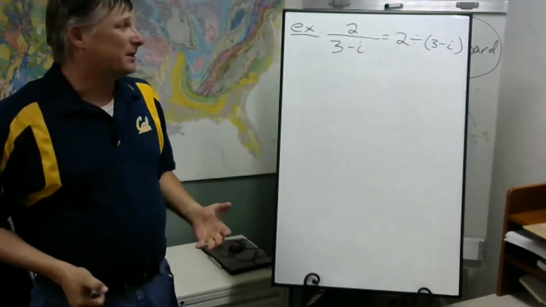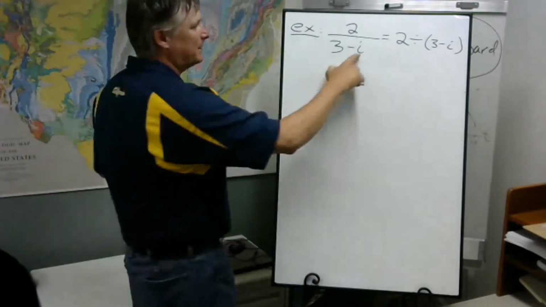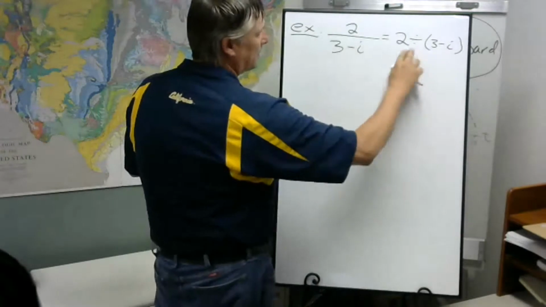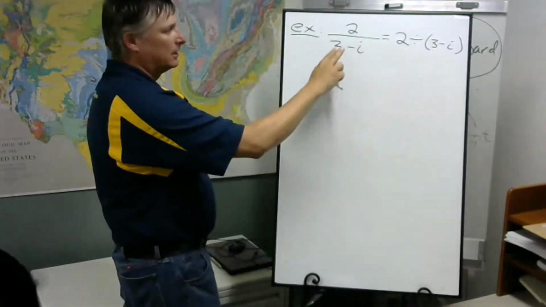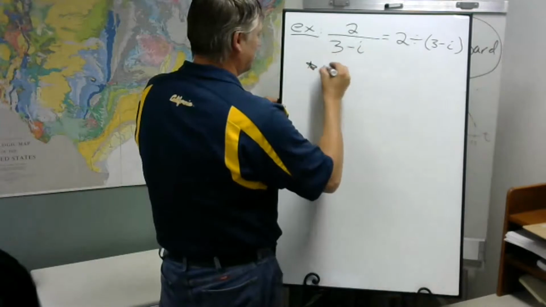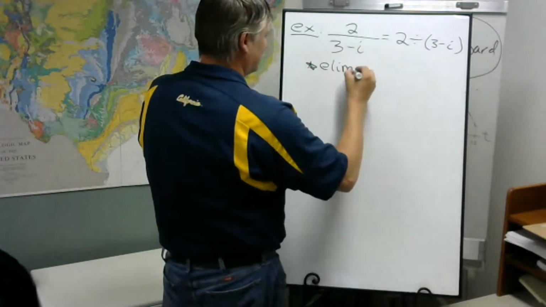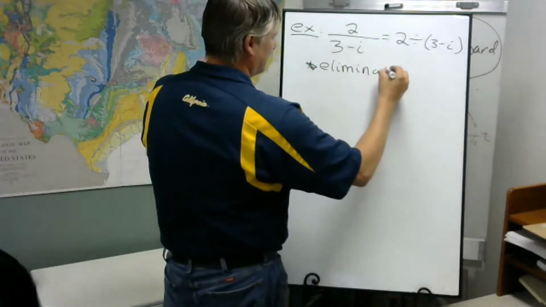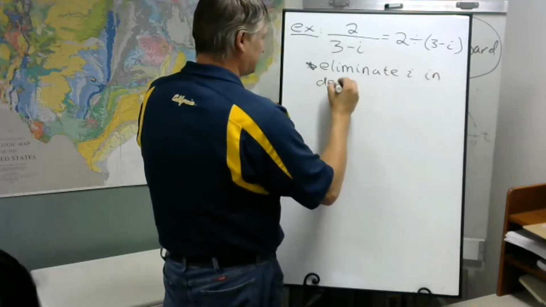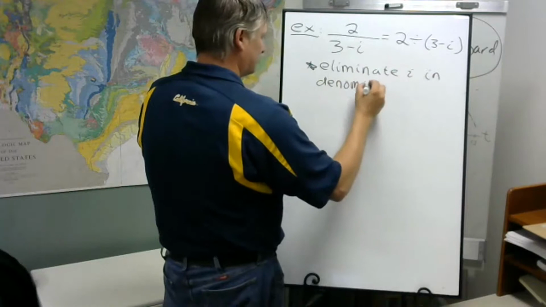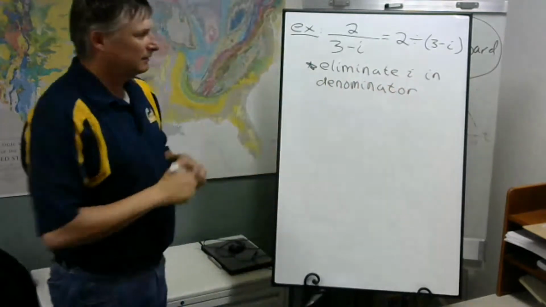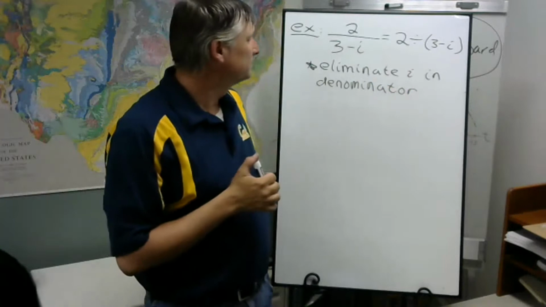Now the way we do this is we try to eliminate the i in this denominator. So we're going to rewrite this as a fraction and then eliminate i in the denominator. So that's going to be our goal.